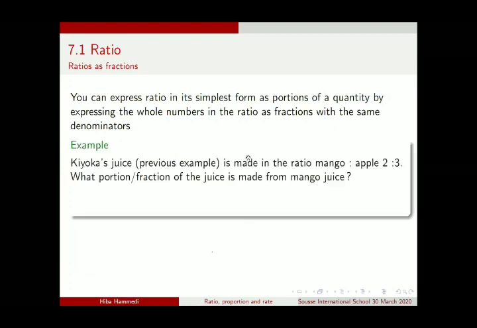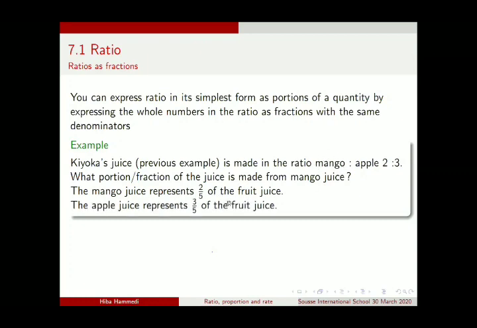So let's return to the example of juice. Kyoko is using 2 mango units and 3 apple units. So as you can see, I have 2 units for mango, 3 units for apple. So the whole number of units is 5. So the denominator of the fraction should be 5, and the numerator for the mango juice should be 2, because 2 represents the quantity for mango juice.